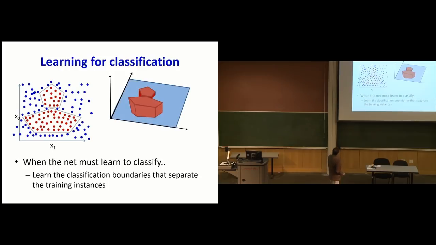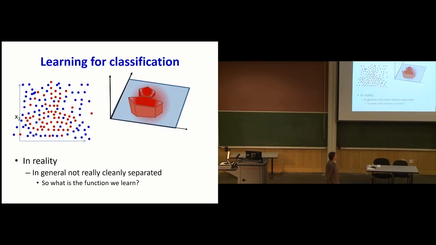Now there's something shady about this picture. I gave you these red and blue dots, and I could place these nice clean double pentagons around them such that the pentagons exactly enclosed just the red dots, and there were no blue dots in the red region and no red dots in the blue region.